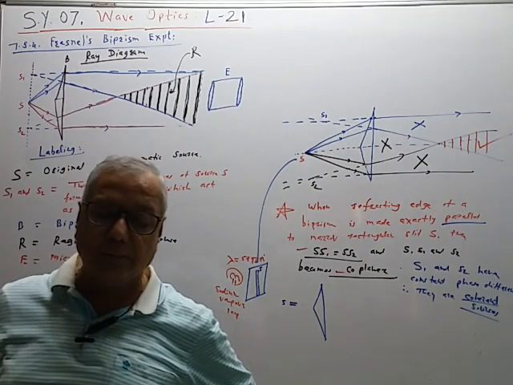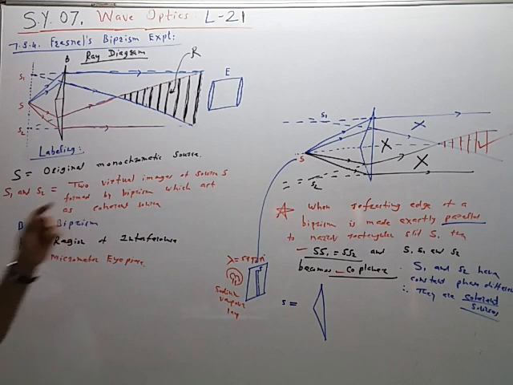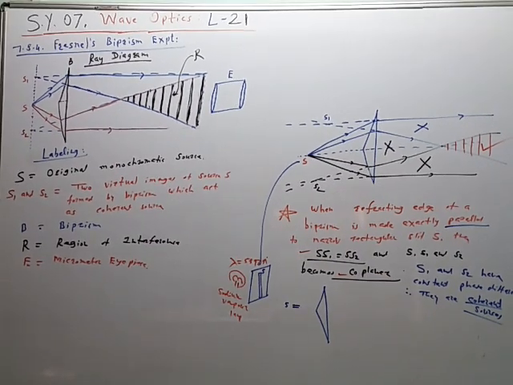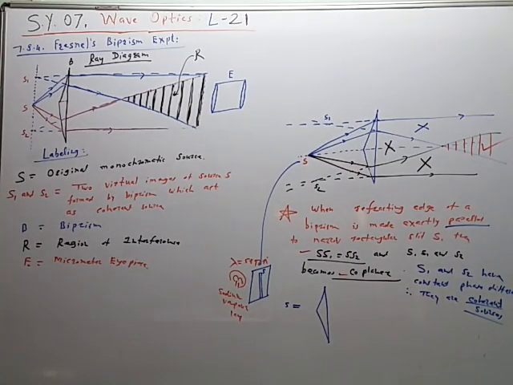So, the description of the Fresnel biprism experiment can be given like this. A narrow rectangular slit in a screen is illuminated by a light from the monochromatic source like sodium vapor lamp.